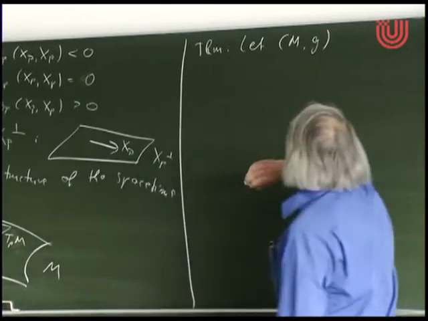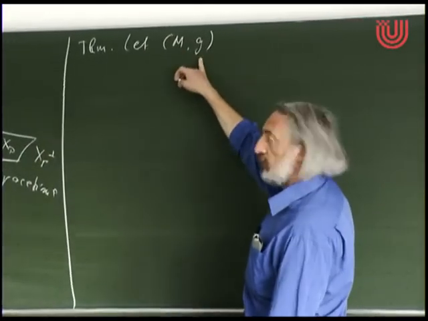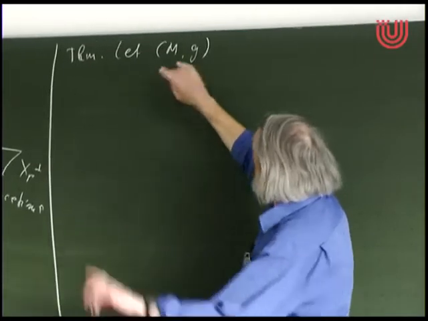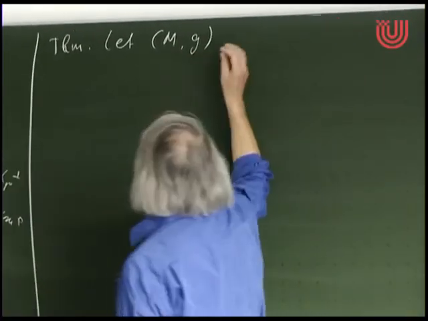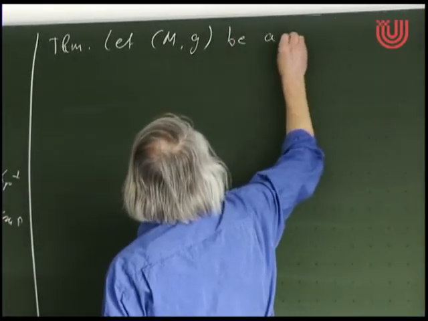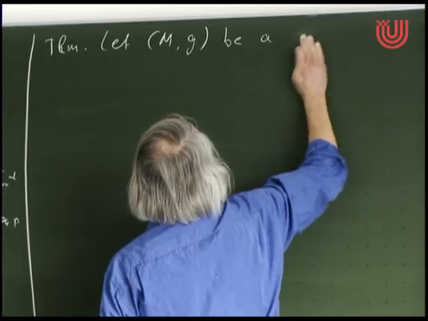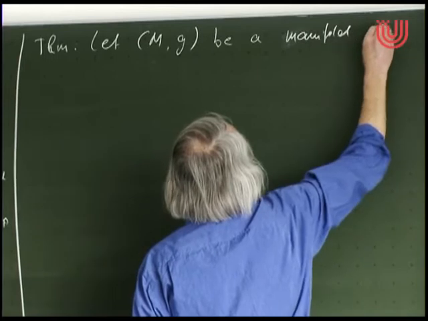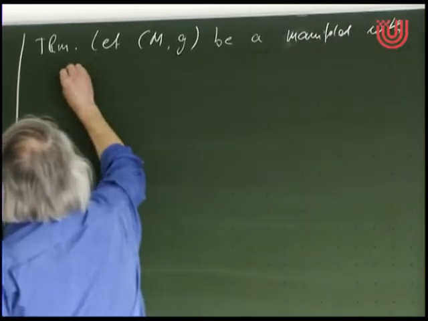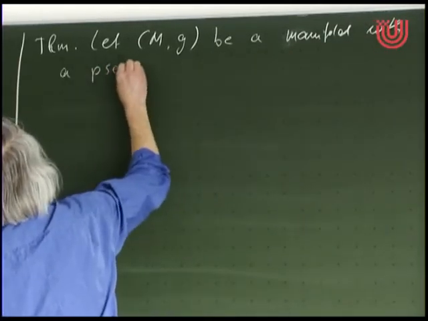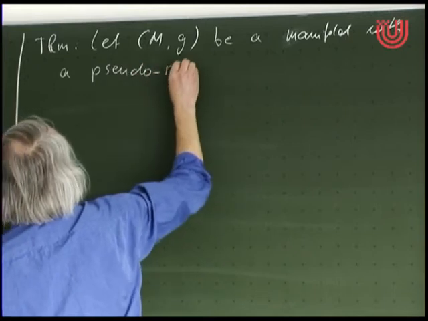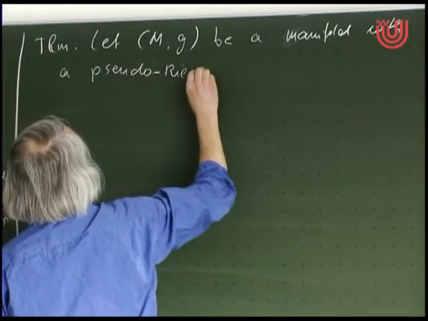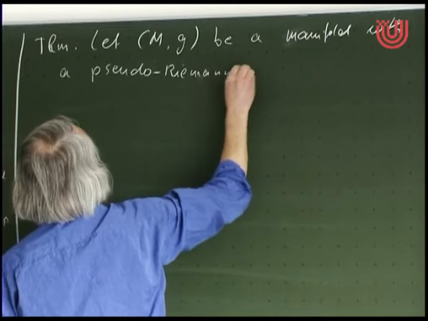That's the way in which we write this, right? The manifold M together with a pseudo-Riemannian metric. So we write this as a pair. So let this be a manifold with a pseudo-Riemannian metric.